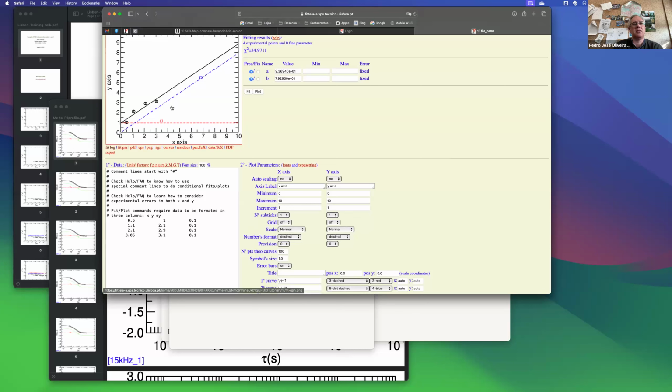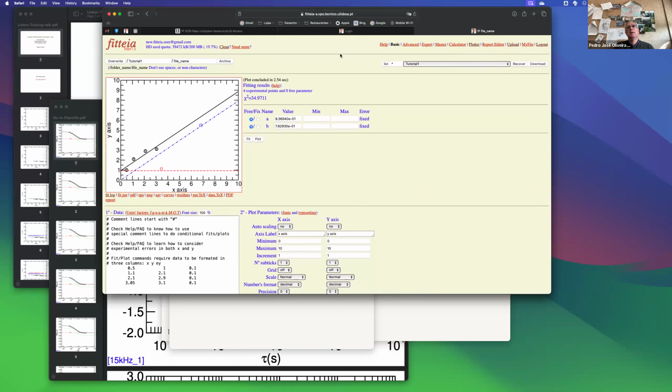This is not a very interesting thing to do for a straight line. Well, you might find it surprising that sometimes it's nice to see even for a straight line, but it's much more relevant when it comes to NMR relaxation.